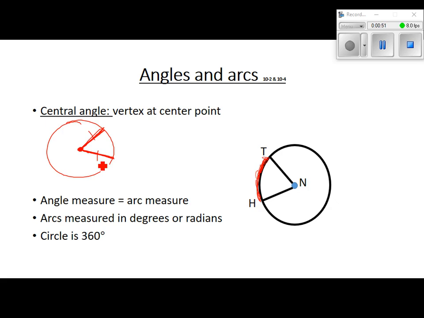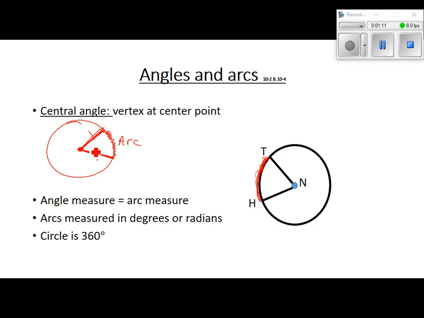Every angle that we deal with cuts off part of the circle, cuts off an arc. That arc and that angle go together, and some of them have different relationships, and we'll talk about that as we go on throughout dealing with circles.